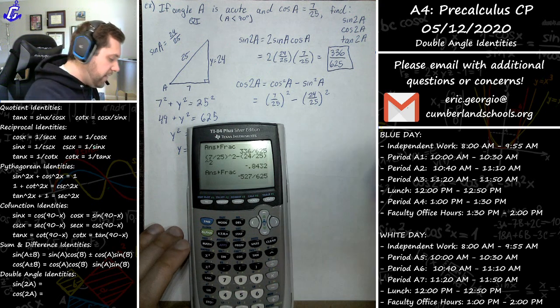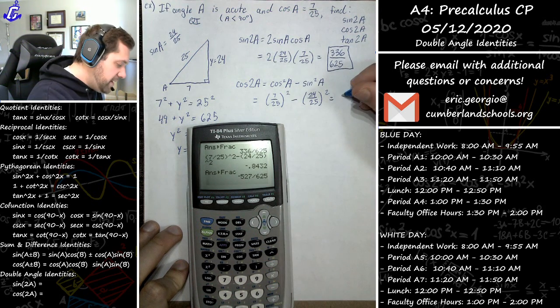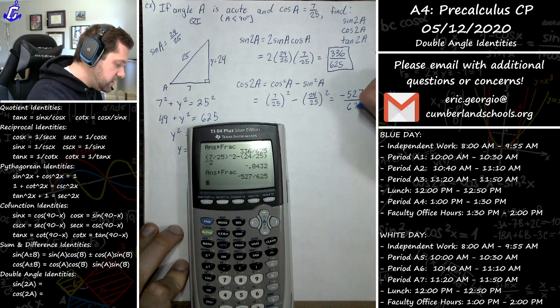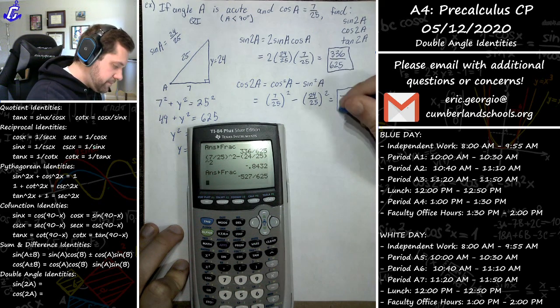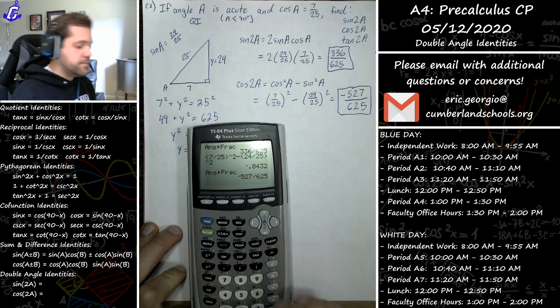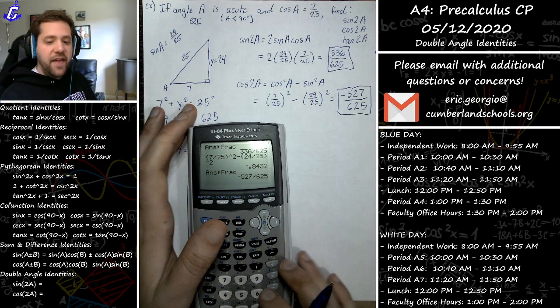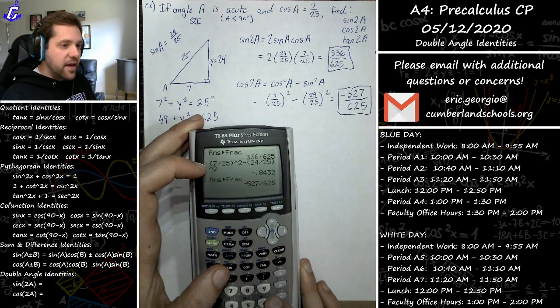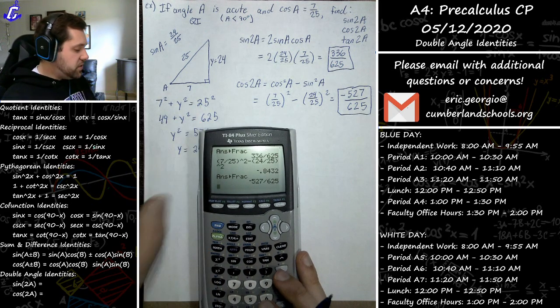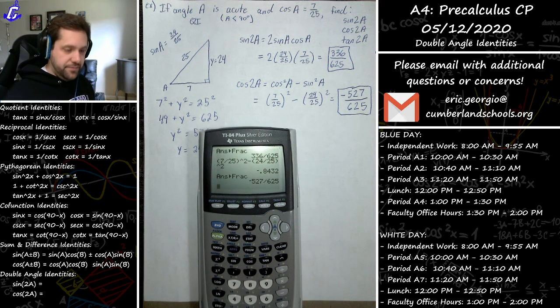Converting to a fraction, that's another ugly fraction, but negative 527 over 625. Just like that. And that's the exact value that would represent the cosine of 2 times angle A.